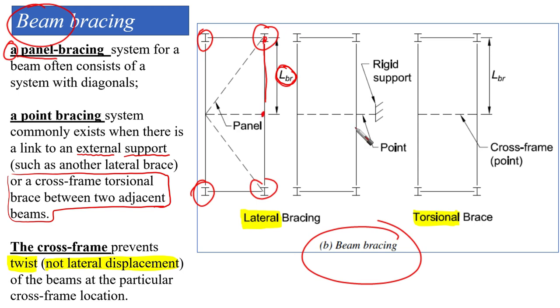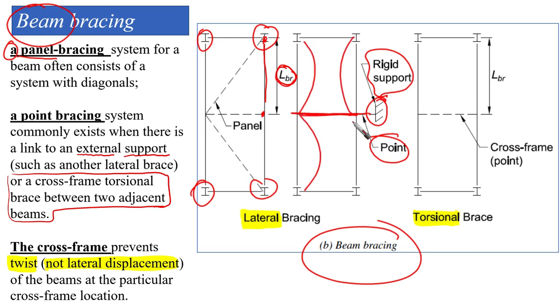For the case of the point bracing system, we're going to find that there is a rigid support providing the support at the middle, for example here, and then the braced length is going to be divided here, or is going to be as it is in the case of the panel.